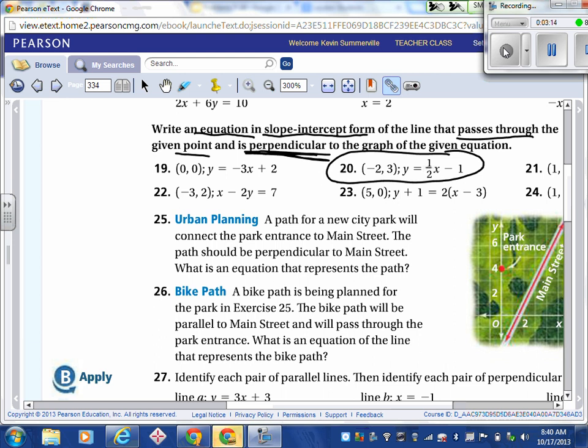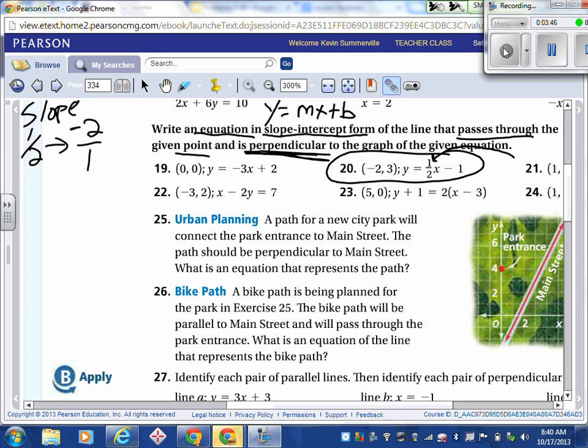So in slope-intercept form, again, y equals mx plus b, the only thing that I always look at is the slope. In this equation, the slope is 1/2. So I'm going to record that over here. Slope is 1/2. But because I'm looking for perpendicular, I have to flip it to make it 2/1 and change the sign. So if it was positive in the beginning, it becomes negative.